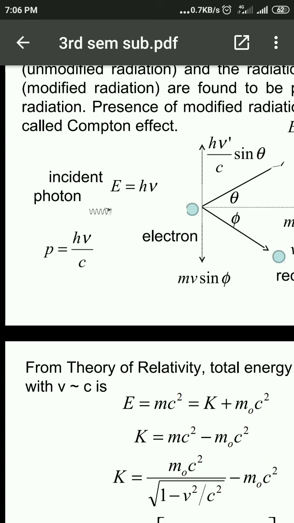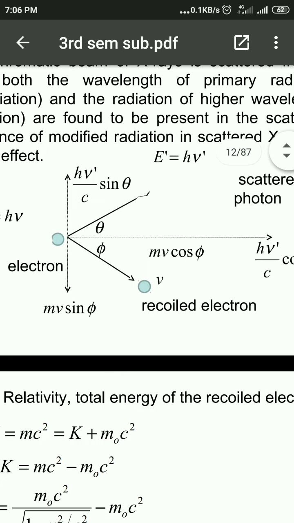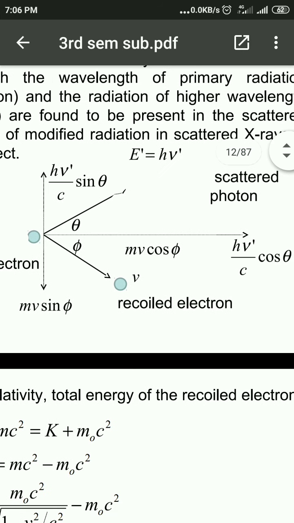After scattering the radiation has a momentum h nu dash by c, and it has components in both the y-axis direction and the x-axis direction. So h nu dash by c in the y-axis direction has the component h nu dash by c into sine theta. This light beam going up makes an angle theta with the horizontal axis.